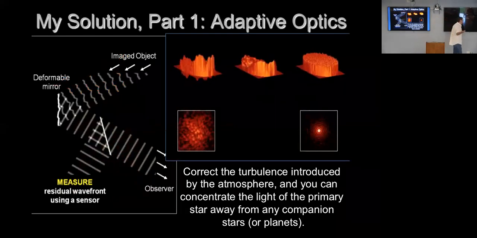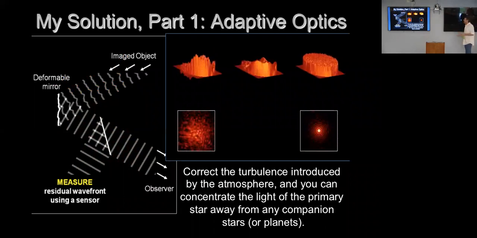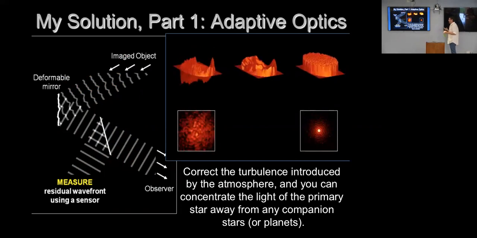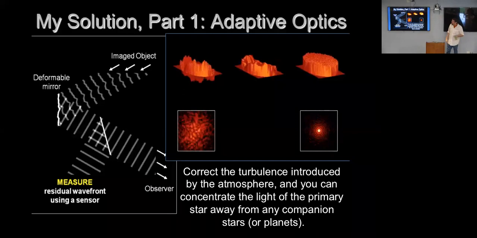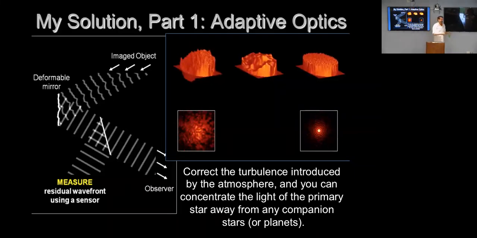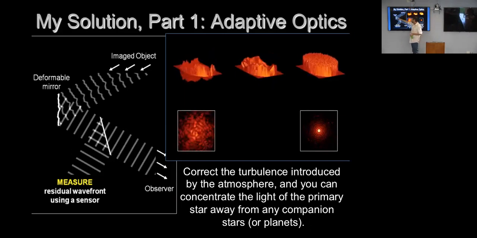There are two parts of the solution on how we can find these close-in binaries, where even for the nearest star-forming regions we have to go to lambda over D to see binaries orbiting on solar system scales. Part one, we all know about for the most part, is adaptive optics. The idea is that the light coming in from that distant star is a planar wave above the atmosphere. You run it through the atmosphere, which is basically like a bunch of phase screens, a bunch of lenses, due to different pockets of turbulent air that deform it, and you get a corrugated wavefront by the time you get to your telescope.